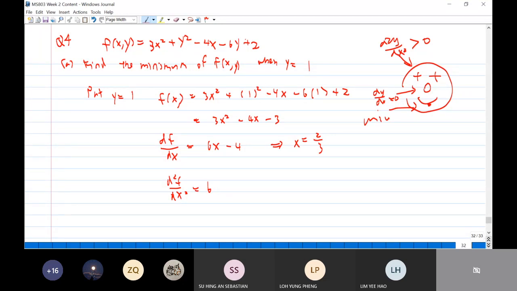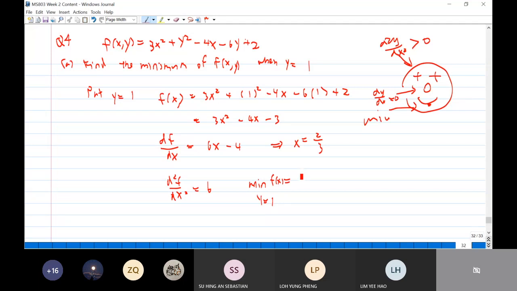Okay, so you know that this is a minimal, and the minimal value is when x equal to 2/3, right? So when x equal to 2/3, minimal f of x. Anyway, y equal to 1 here.